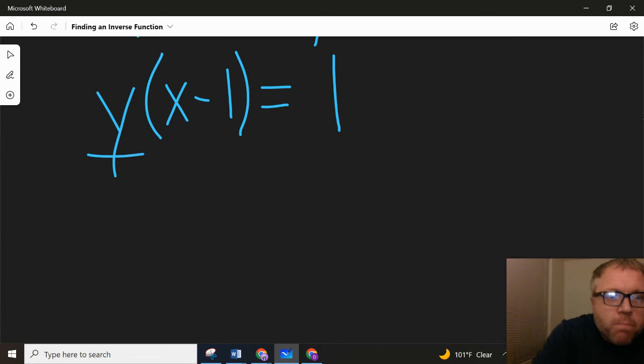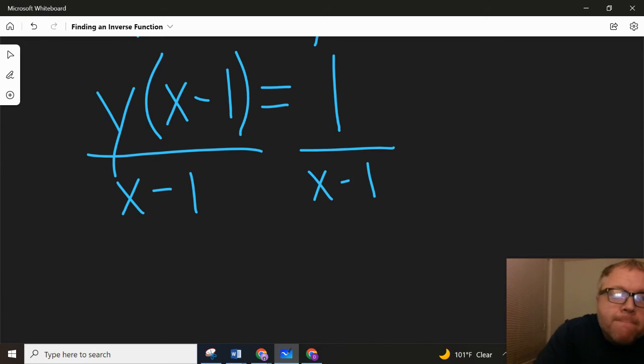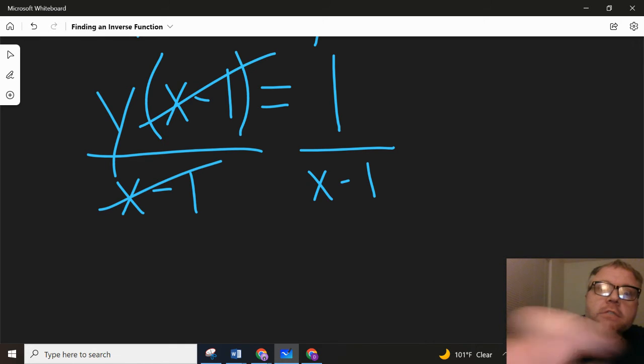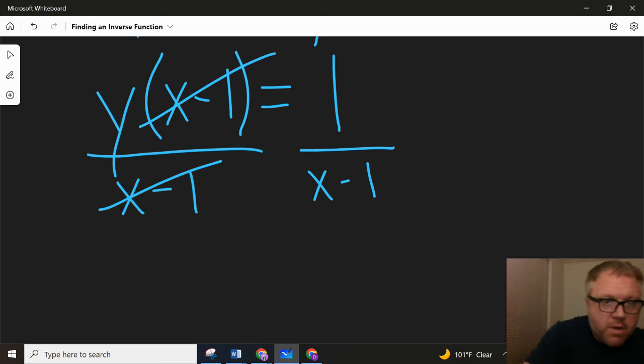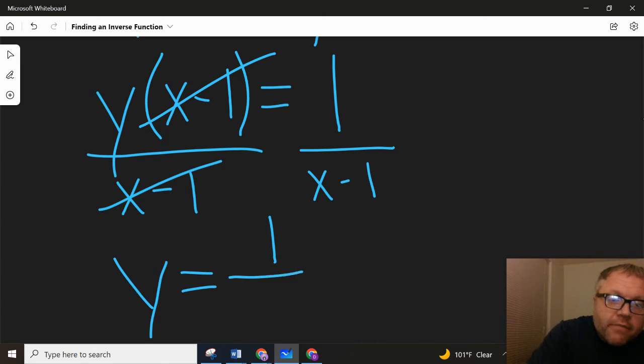The 1 gets divided by x minus 1, and this binomial will cancel with this one. Now we've solved for y. y equals 1 divided by the quantity of x minus 1.